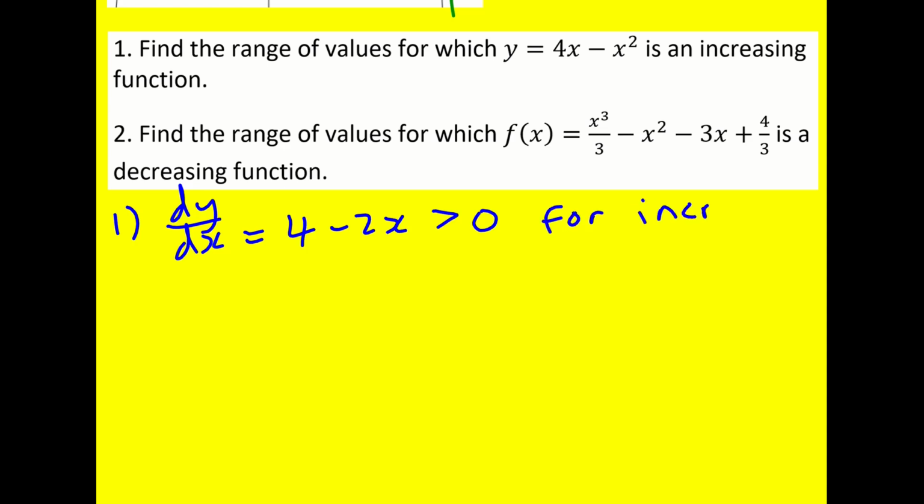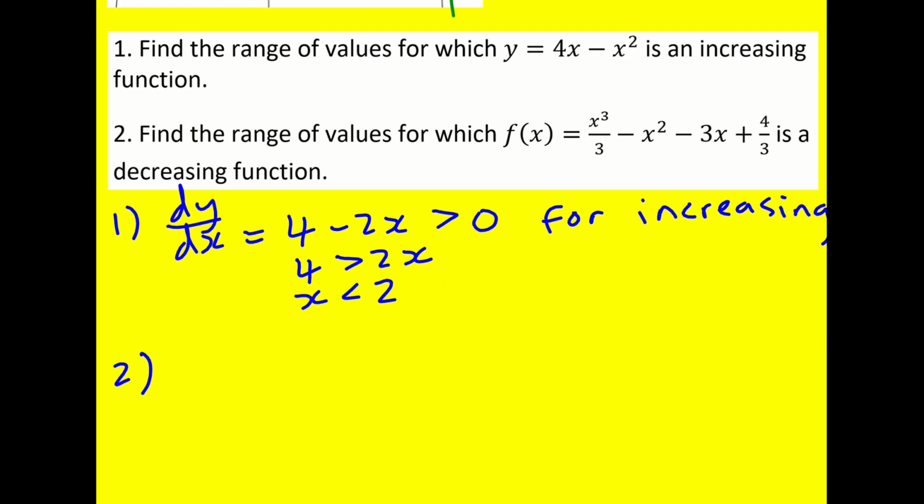Okay, we're interested in where the gradient is positive. Then I can solve this. I'd probably add 2x to both sides and then divide through by 2, so x is less than 2. And that is all my values. There's an infinite number of values that is described by this inequality.